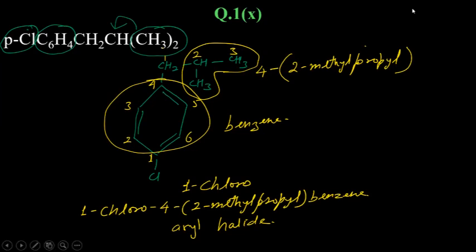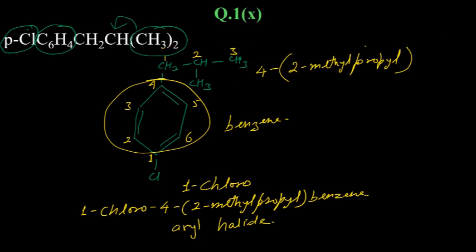Yes, correct. But this is an alkyl group, so you can't say butane. However, your observation is correct. Yes, correct. The encircled one is isopropyl, but in total we have 4 carbons here, so it will actually be isobutyl. Correct. Good.